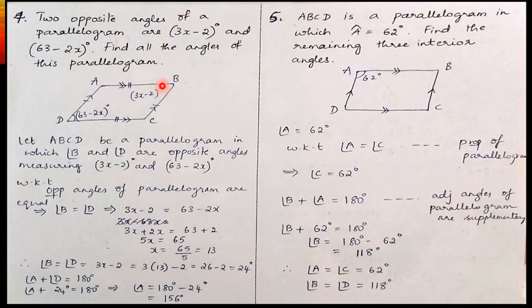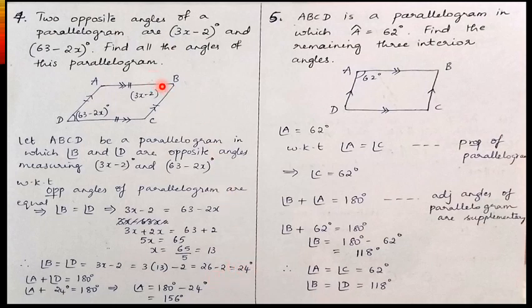After finding angle B, you can find angle A because angle A and angle B are supplementary. So angle A will be 156 degrees if you find it that way. Here the value of x is 13. So in 3x minus 2, if you substitute 13, it is going to be 3 into 13 minus 2, which gives you 24 degrees.